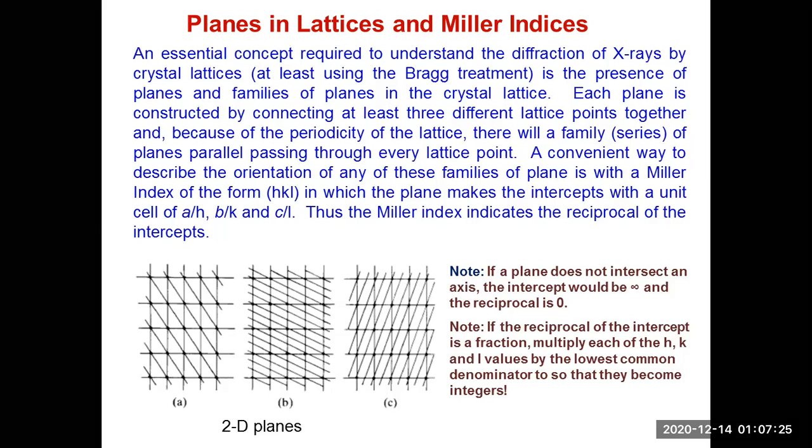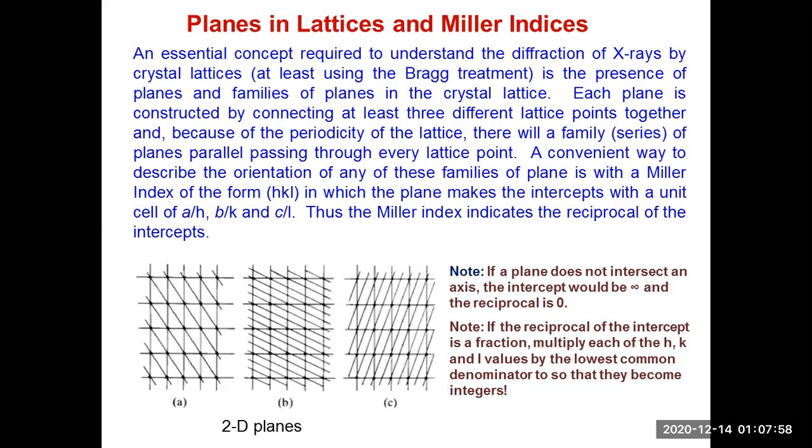Whenever you are finding the Miller indices, you need to understand that if a plane is not intersecting an axis, then the intercept of that axis will be taken as infinity, and the reciprocal is taken as 0. And if the reciprocal of the intercept is any fraction, then you have to multiply the HKL values by the lowest common denominator, which means you have to take an LCM.